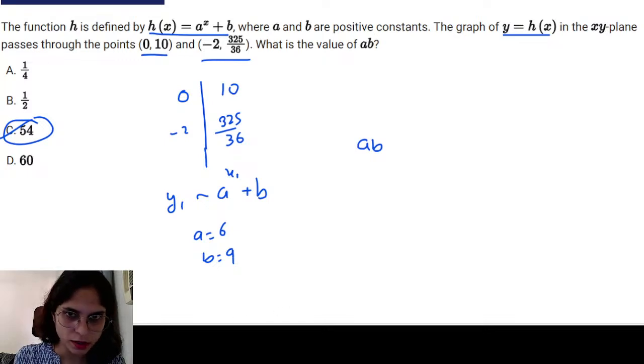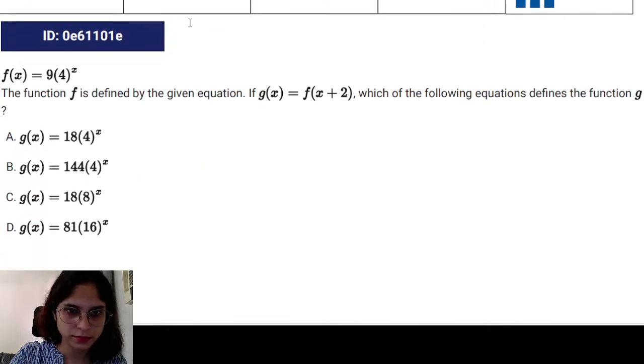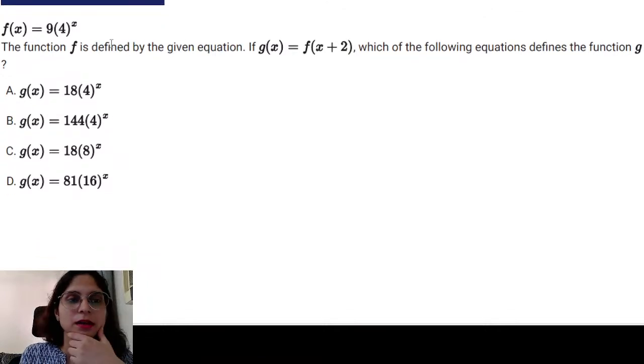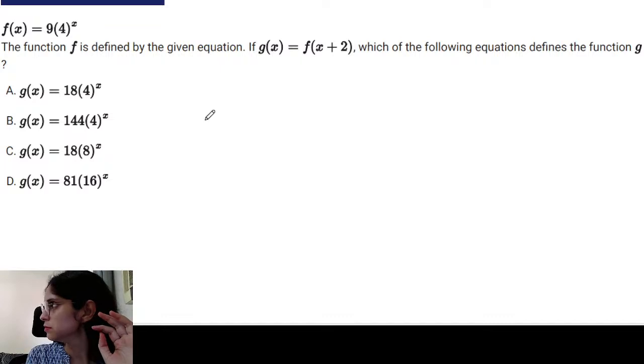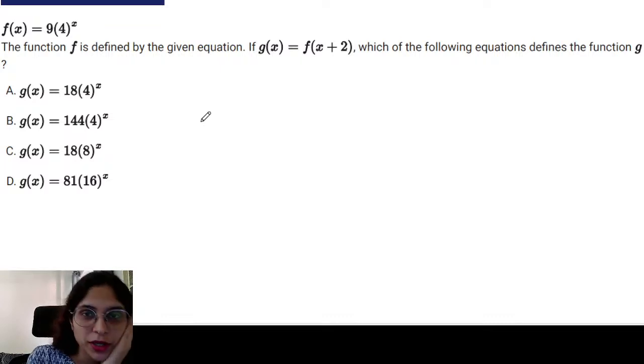Next one is 108, page number 109. f of x is 9 times 4 to the power x. g of x is f of x plus 2.